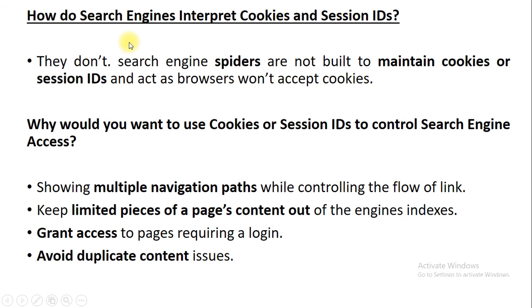For example, in the top area or header area, you have put a category, and similarly in the left bar you have also put a category tag. In both cases it will open only one content page, so it may be considered duplicate content. So your website shows multiple navigation paths while controlling the flow of links.